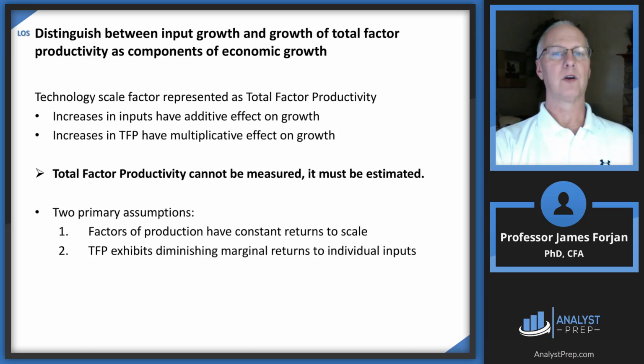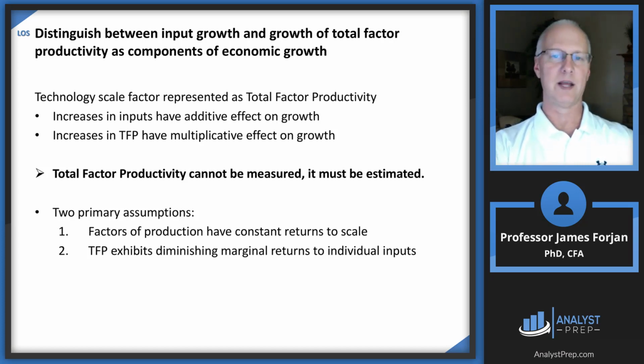Technology scale factor can be represented as the total factor productivity. So think about total factors. We have these inputs, whether it's capital or labor, and they have an additive effect on growth. And increases in total factor productivity have a multiplicative effect on growth. So the increases in inputs, you think about this, that just means you add one worker plus you add another worker, and they can get twice the work done, right?